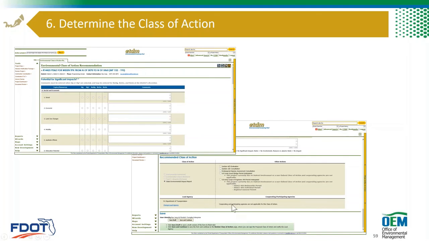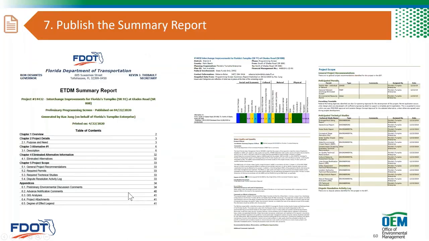In this case, there are no participating or cooperating agencies, and then you save and send it, and the environmental manager is the person who will approve it. So both the ETDM coordinator and the environmental manager see it and approve it.